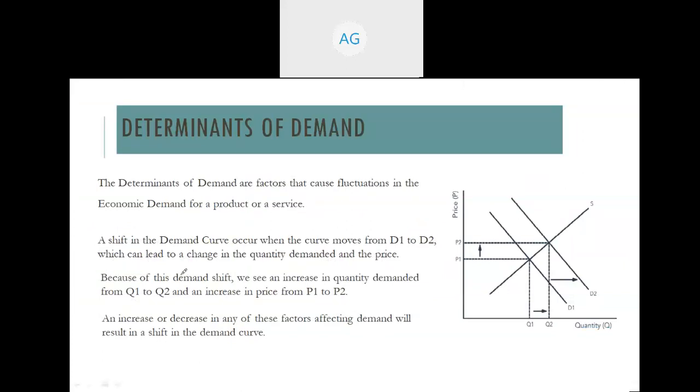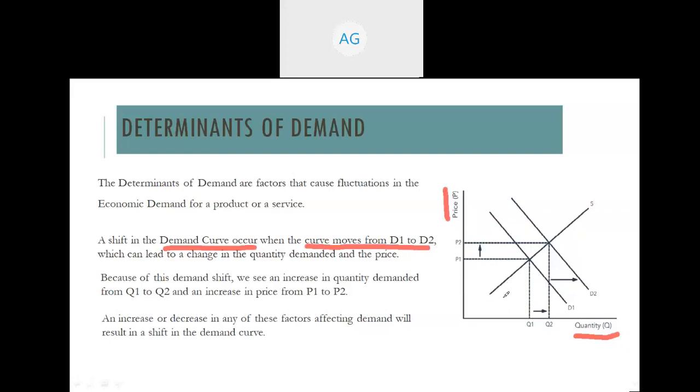As you can see, the x-axis consists of quantity and the y-axis consists of price. The quantity has been abbreviated with capital Q, and price with capital P. A shift in the demand curve occurs when the curve moves from D1 to D2, where D is abbreviated for demand.